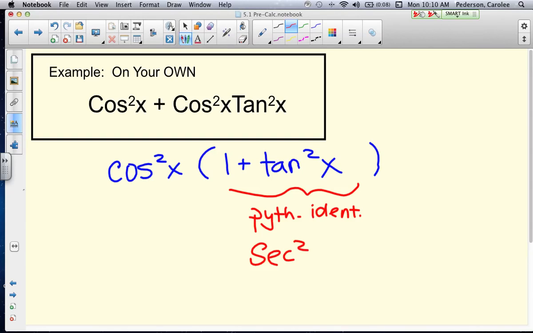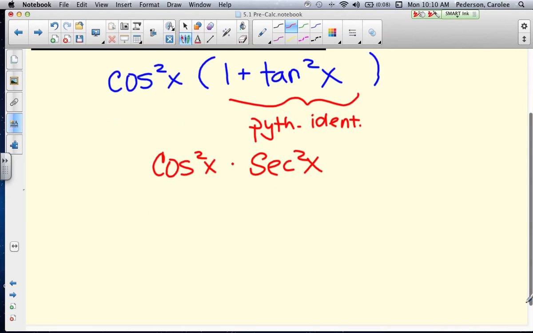Yep. Then where'd you go? Reciprocal identity, good. Secant squared of x is written as a reciprocal to cosine.